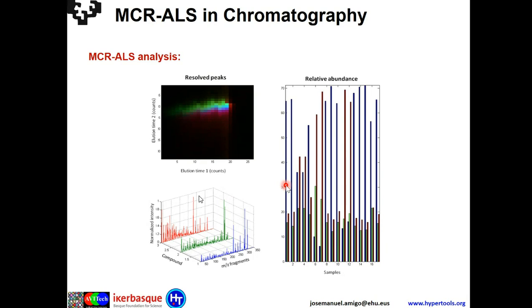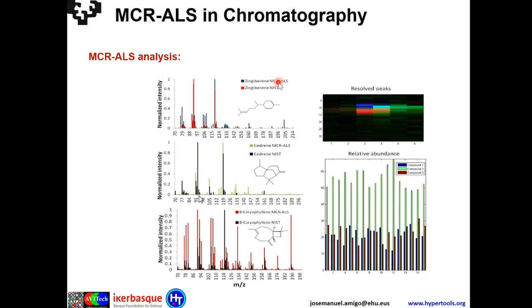Another particularly nice interval is this one, in which we observe that there are also three compounds: here we have one of them, then we have the other one, and we have a third component that is actually mixed with the other two. But we are able to resolve this mixture, and again the same: we were able to take these relative concentration profiles and then do PCA and PLS, or PLS-DA classification models, with them.